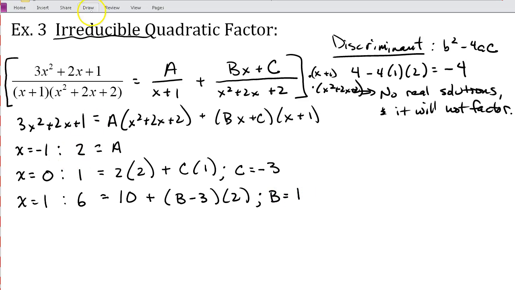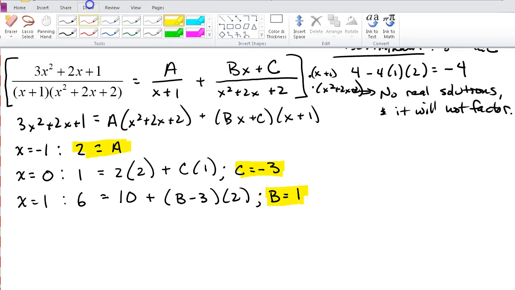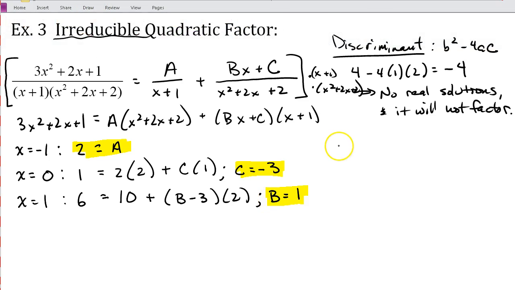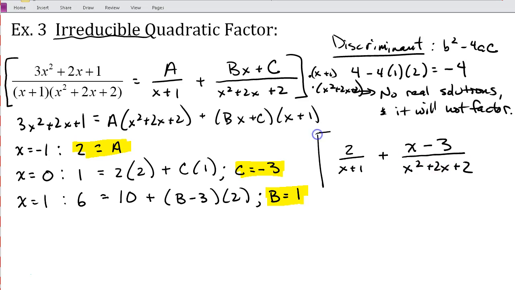So we've got A and C and B, and we can go ahead and substitute those in. So I end up with 2 over x plus 1 plus 1x minus 3 over x squared plus 2x plus 2 as our final answer.